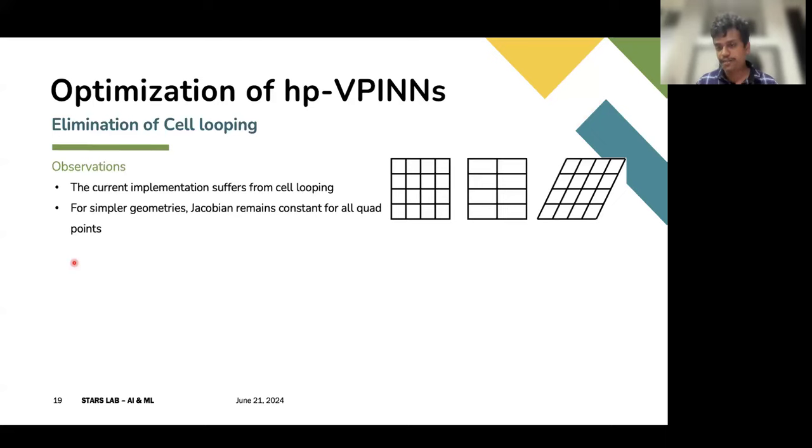So what we observed is that, let's say when we use cells with a simple geometry, where all these cells have a property such that if you calculate the Jacobian of them, the anti-diagonal components will go to 0, which means they generally will have a constant value of Jacobian, which is just to scale the value from a reference domain to your actual domain for each of your quadrature points and so on.